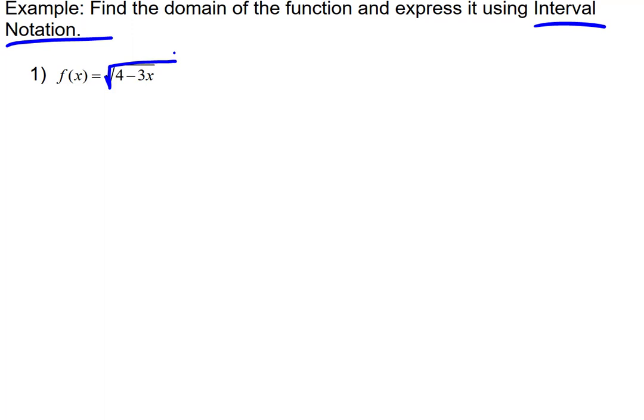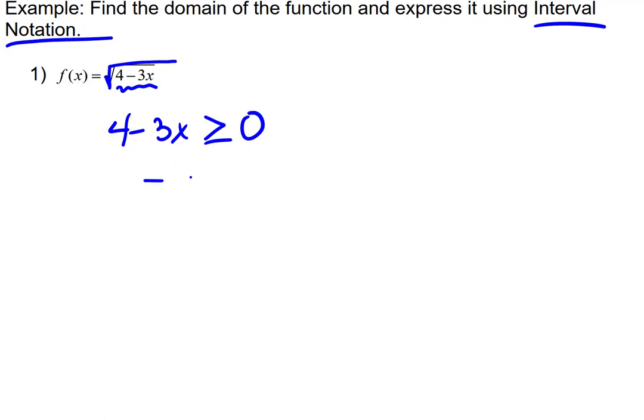So what that means is that what's underneath the root, in this case 4 minus 3x, we have to make sure that is not negative. Well, another way to say that is to make sure that 4 minus 3x is greater than or equal to 0. That would mean not negative. Now we'll just solve this inequality to see which values of x we would like to have.